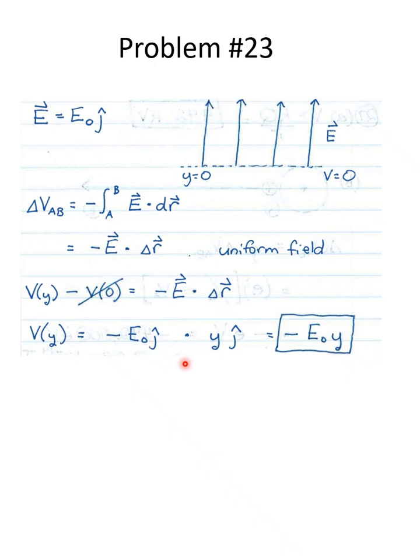And then the dot product displacement is going to be however far it's gone up in the Y direction, so Y times J hat. So when we do the dot product of these two vectors, it's going to be the magnitudes multiplied times the cosine of the angle between them, but they're both going in the same direction. So that's times the cosine of 0 degrees, which is 1, and we're left with negative E naught Y.